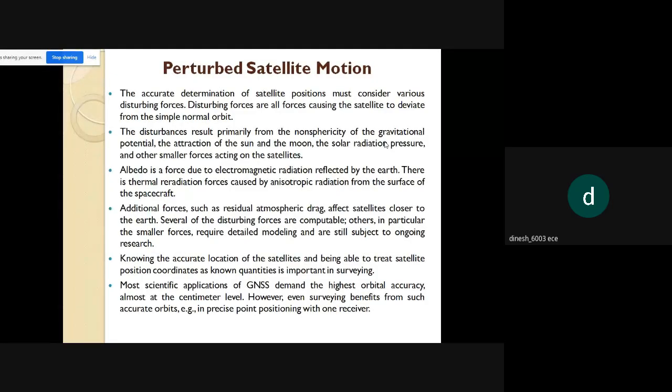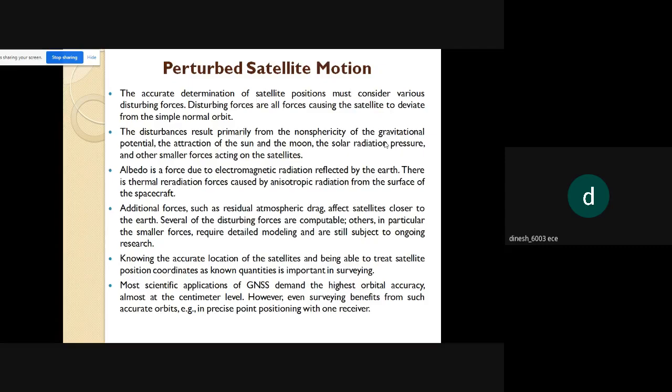There are several disturbing forces which can be computed. Particularly, the modeling has to be done. All the disturbing forces can be computed if they are very small, and the research on that is still going on. By knowing the accurate location of the satellites, we can treat the satellites' position coordinates.